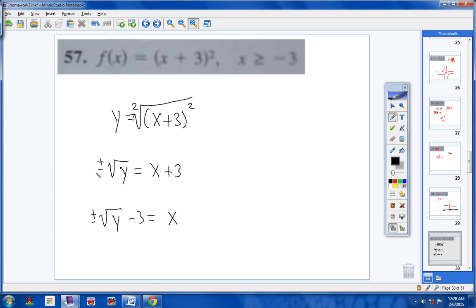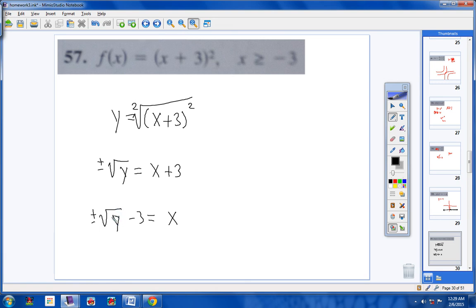Well, guys, this is obviously not a function, because I know you're used to putting values in for x, but remember on these problems, we're doing everything backwards. So here we're putting values in for y. When you put values in for y, you're going to get out more than one value.